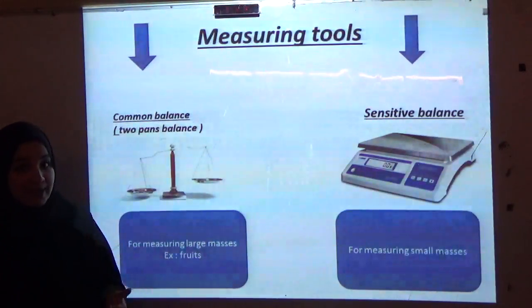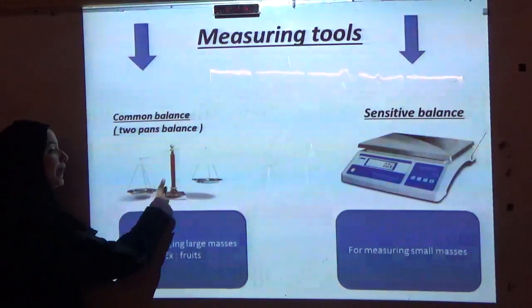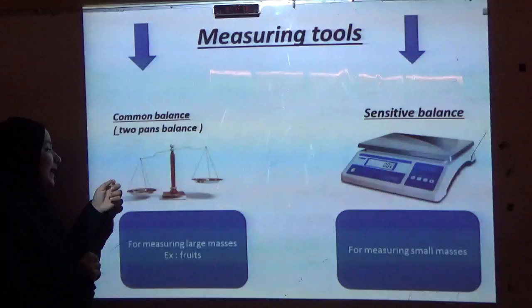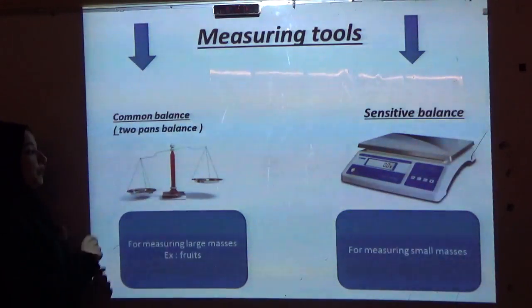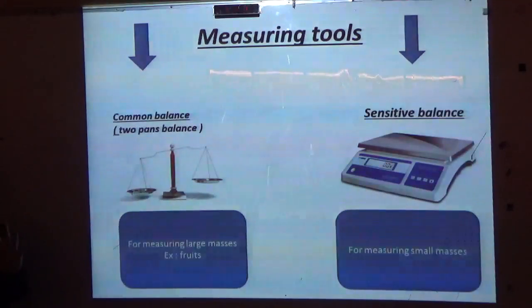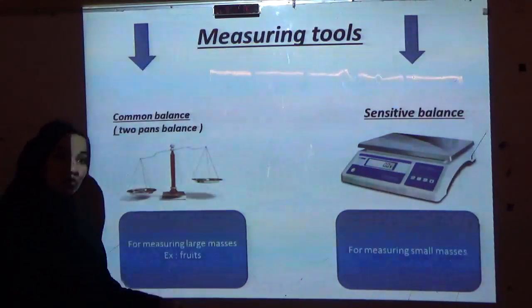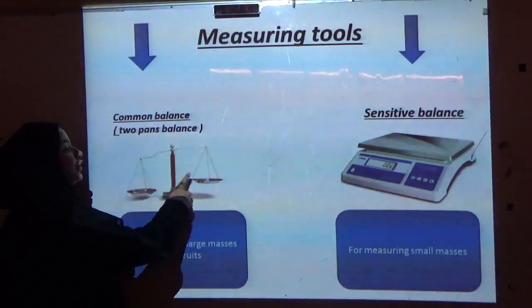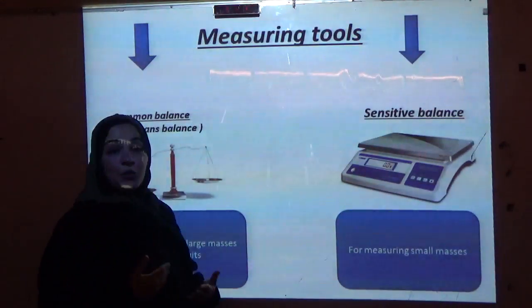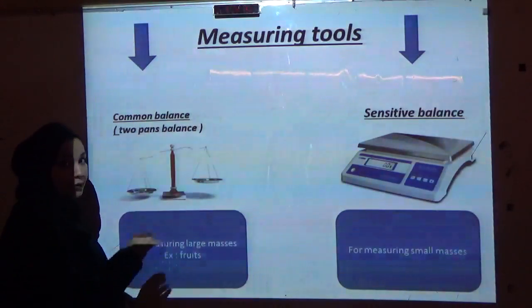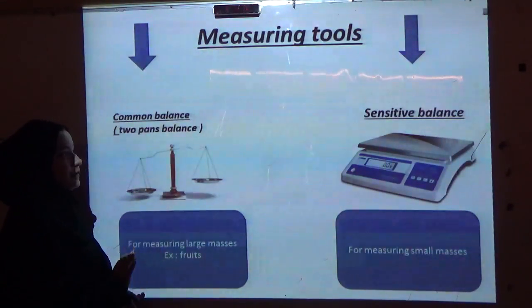They are the same name for the same object. This balance is used for measuring large masses. If I have fruits or vegetables or any large masses, I use the common balance. We usually see it in Egypt, in the place where we buy fruits and vegetables.